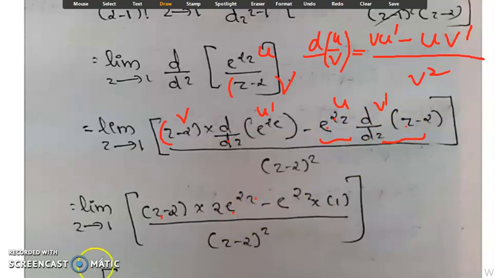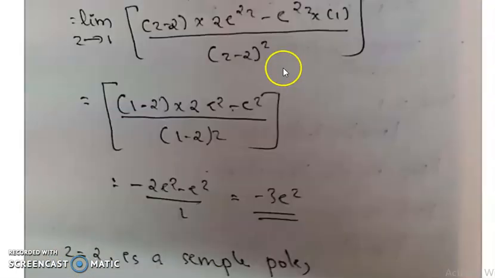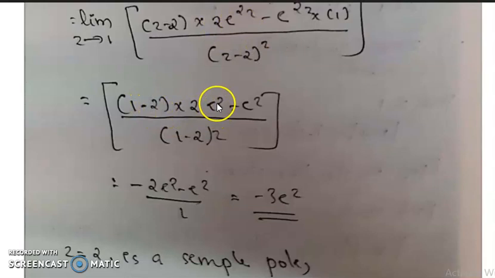So you get this step. Then finally substitute z equal to 1. When you substitute z as 1, you get ((1 − 2)·2e² − e²)/(1 − 2)². So our answer is −3e².